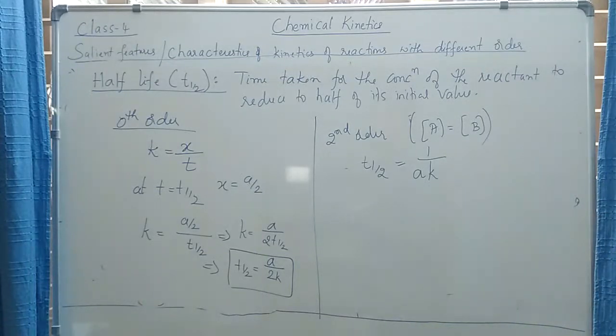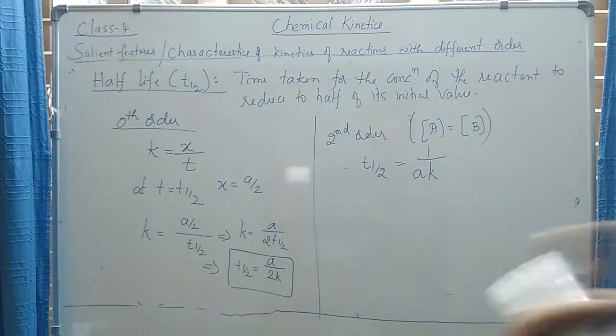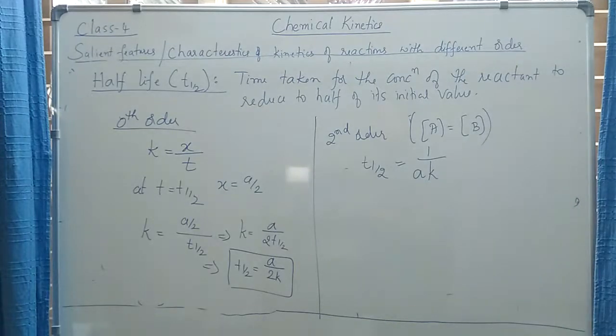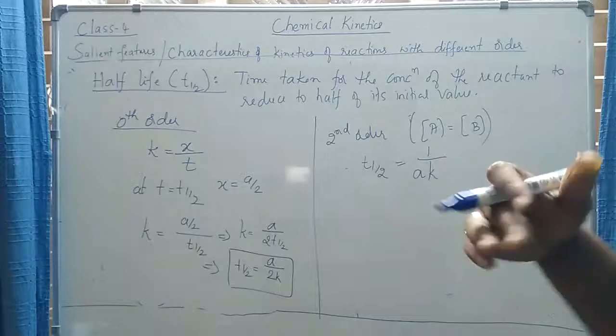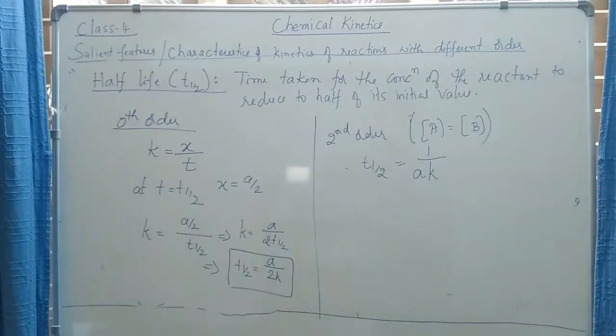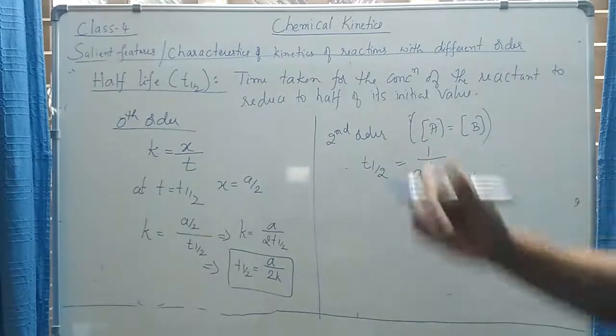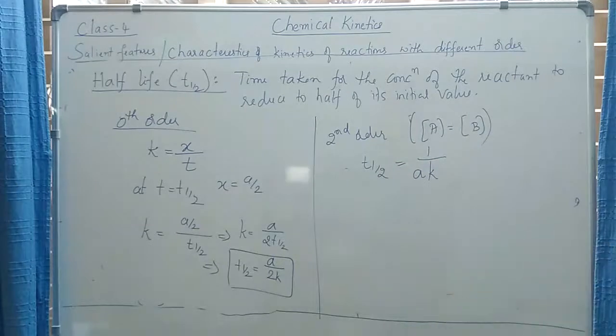So for a first order reaction, half-life was independent. For a zeroth order reaction, half-life was directly proportional to the initial concentration, whereas for a second order reaction, half-life is inversely proportional to initial concentration. So how half-life depends on the initial reactant concentration depends on the order of the reaction.